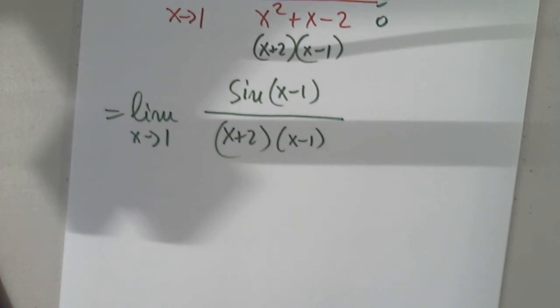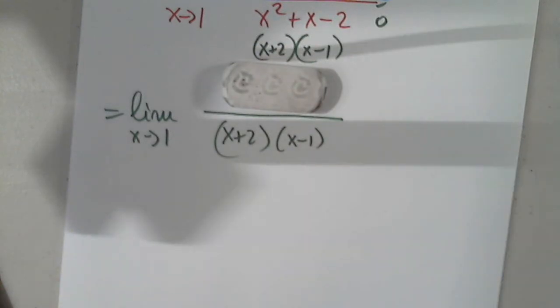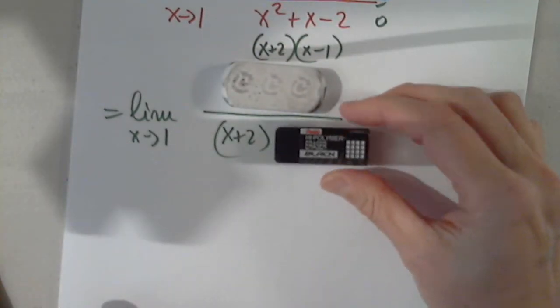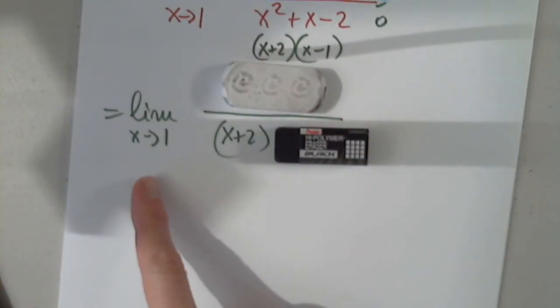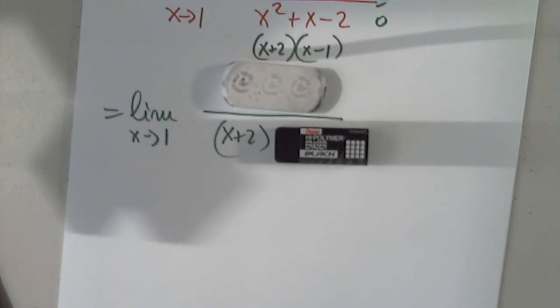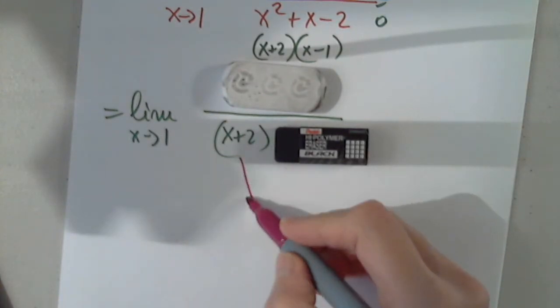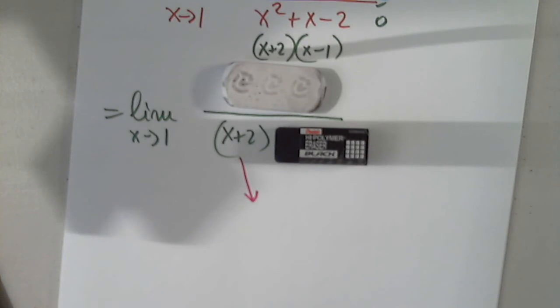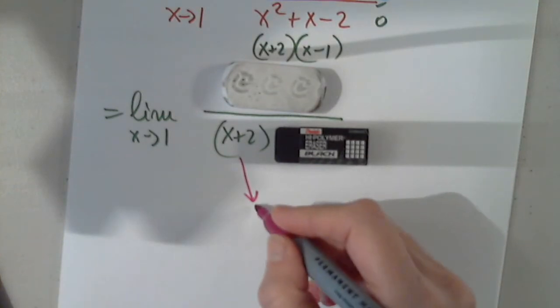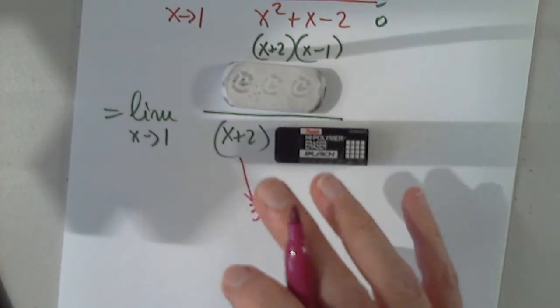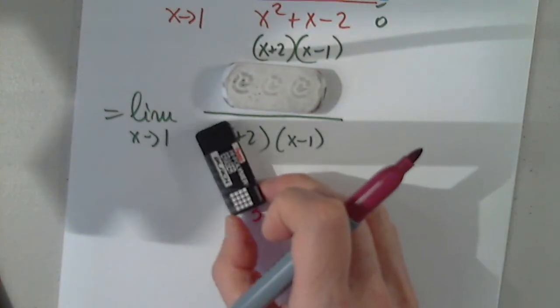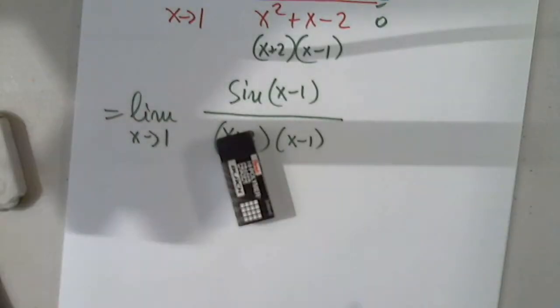I'm going to use my props and ask you, as x approaches 1, where does this go? 3. Excellent. Keep that in mind, but I'm not really interested in that piece. I'm interested in those pieces more.